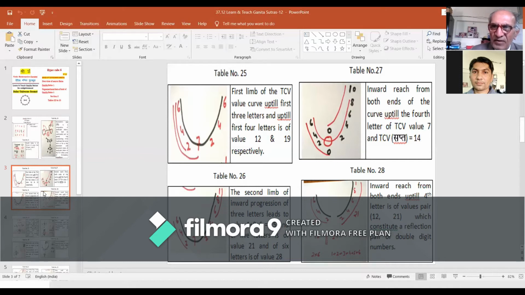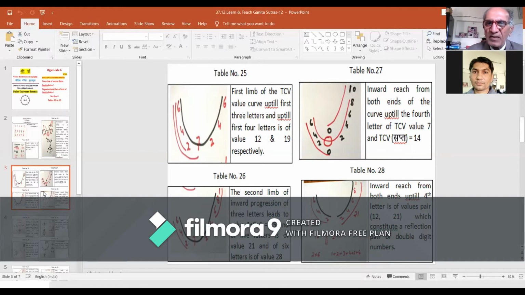This inward progression from both ends along the TC values curve of formulation Ekadike will provide us the necessary insight and appropriate level of enlightenment about the way the Vedic mathematical domain, with Ganita Sutra 1 as its source sutra, organizes itself and the way along this organization format the mathematical domain manifests.